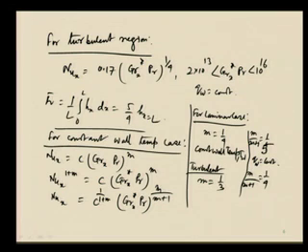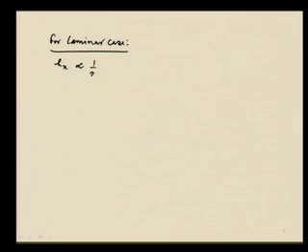What we can say from here is that for the laminar case, h_x is proportional to 1 by x cube to the power 1 by 4, and it is nearly equal to x to the power minus 1 by 4.